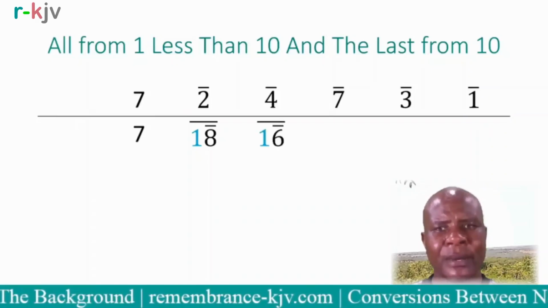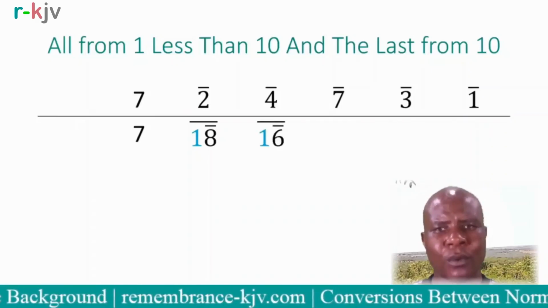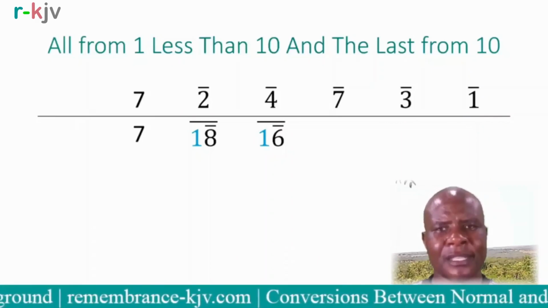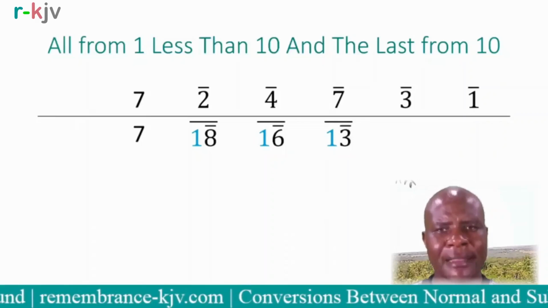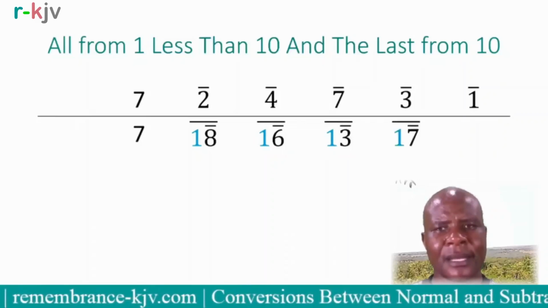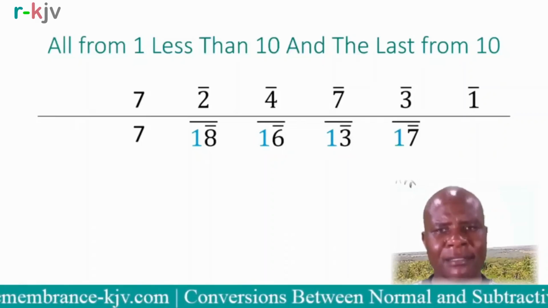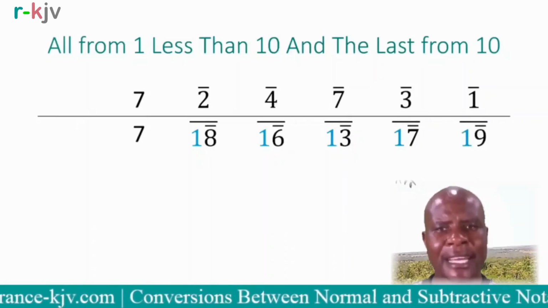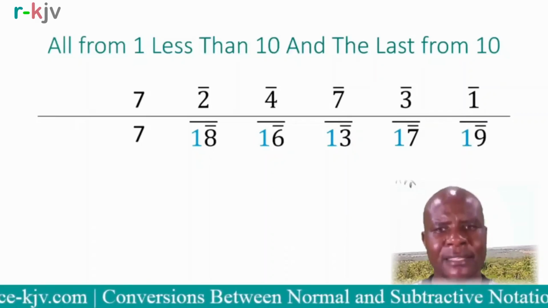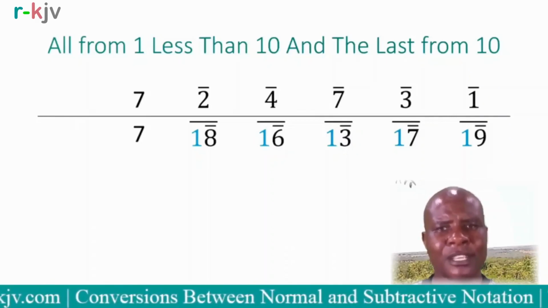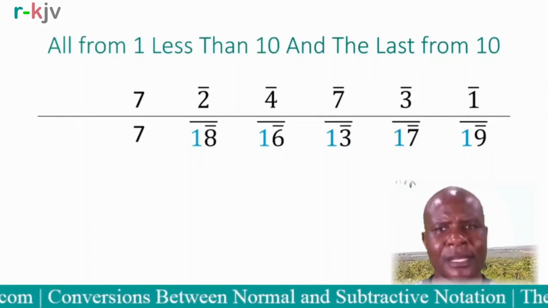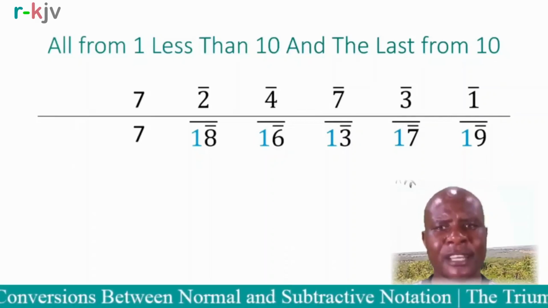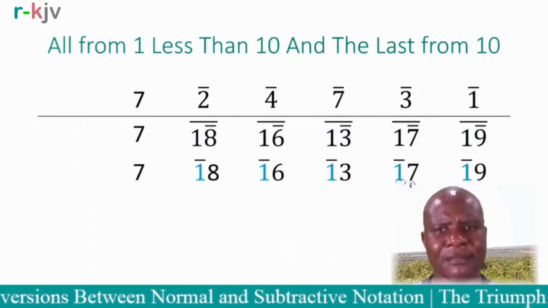In a similar way, we write 4 as 1 bar 6, 7 as 1 bar 3, 3 as 1 bar 7, and 1 as 1 bar 9. A negative under a vinculum gives a positive. Simplifying these subtractive values gives them in this format.